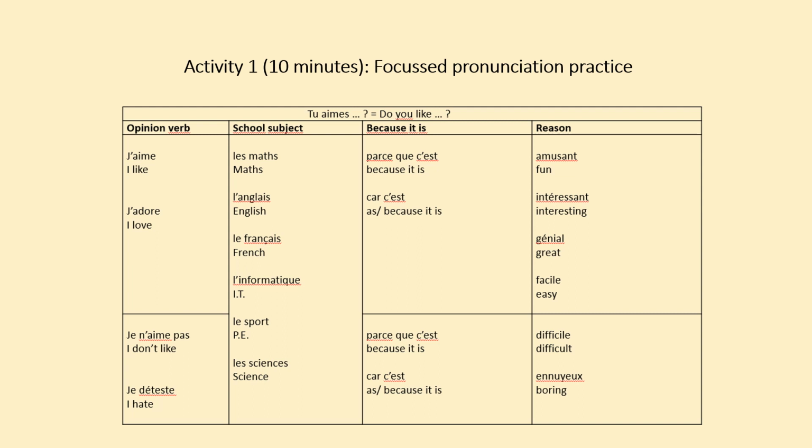So amusant, fun, intéressant, interesting, génial, great, facile, easy. And in the bottom section, we've got the negative reasons, which go with je n'aime pas and je déteste. So we've got difficile, which is difficult, and ennuyeux, which is boring.